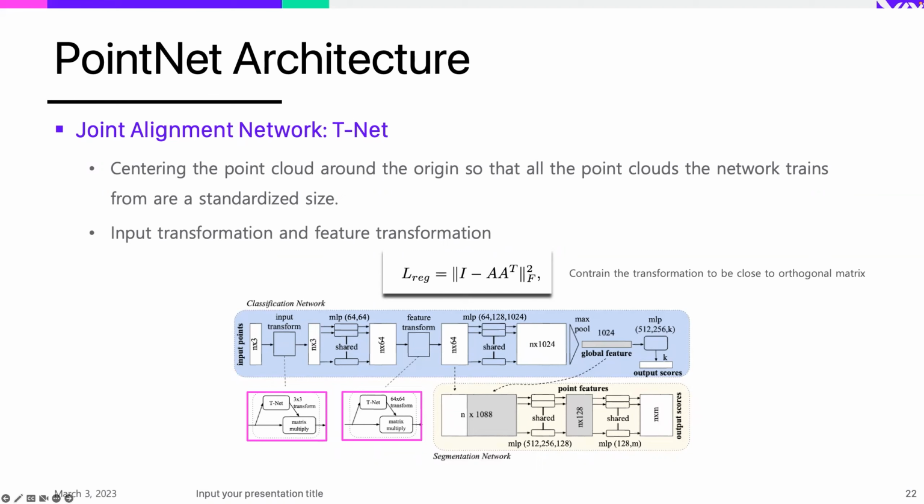But couldn't the translation be aligned to zero-centered by just subtracting the mean from the data? I think that is why they didn't consider the translation.